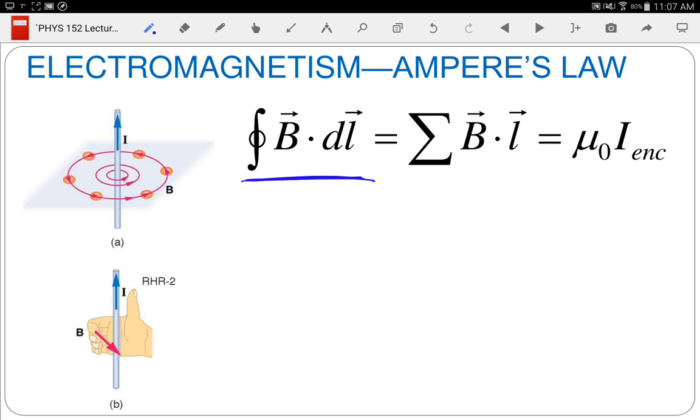Magnetic fields, we learned, always have to make loops. They have to be closed loops that come back on themselves. And so if we have a wire that's infinitely long, the only way you can make a closed loop that comes back on itself is if you make a circle to fit that symmetry. Any other shape, like a box, well, you rotate a little bit and it looks different.